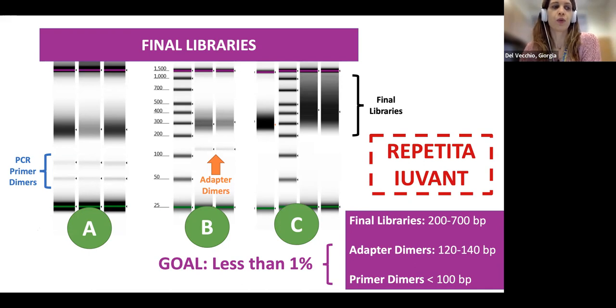Okay, so we don't want to have misassignments of the reads. So we don't want any free adapter in our mixture. So if we have any contaminants, we need to remove them using, for example, a beads purification approach.